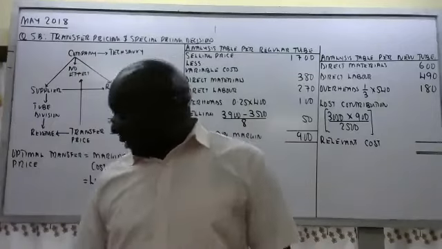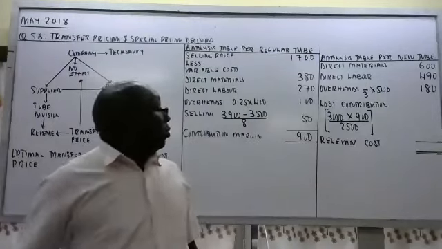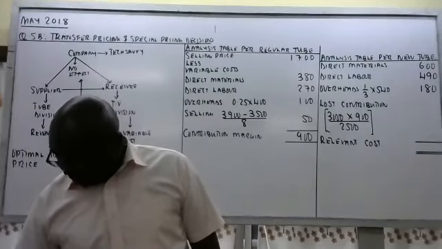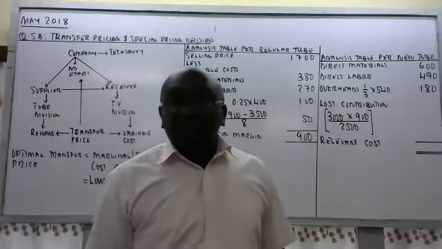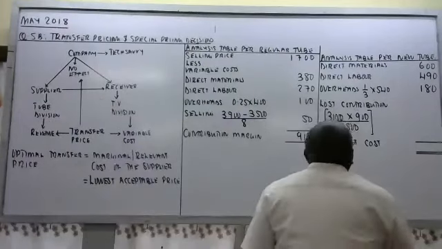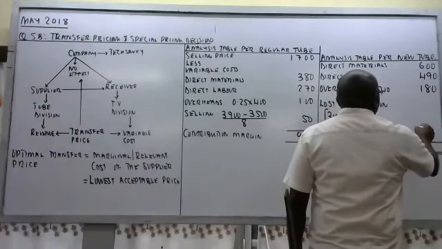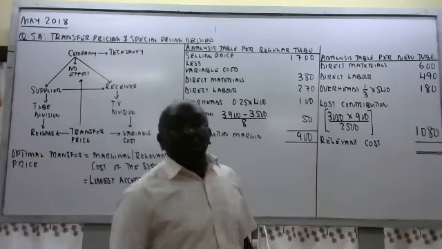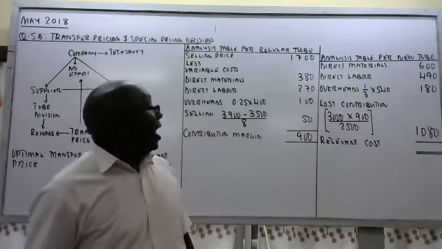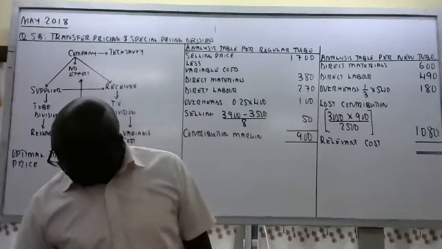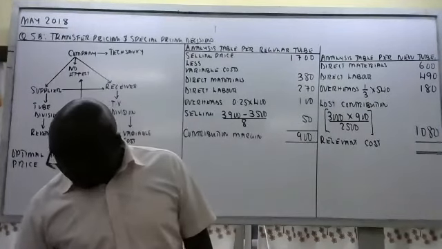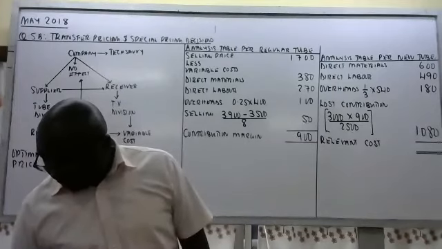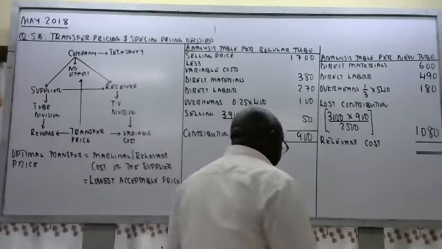How much is it? When you say 3,000 times 900 divided by 2,500, 1080, good. So we have 1080. So now add those costs. Add 180 plus 490 plus 600 is 2350.